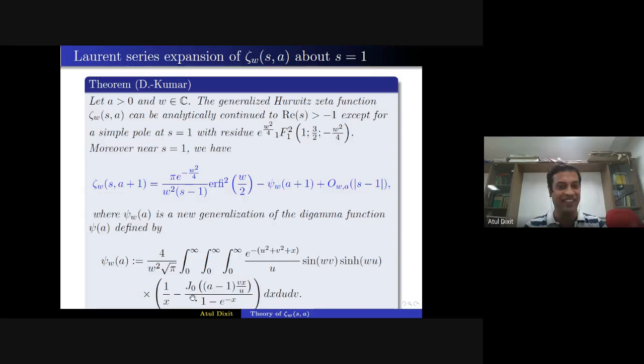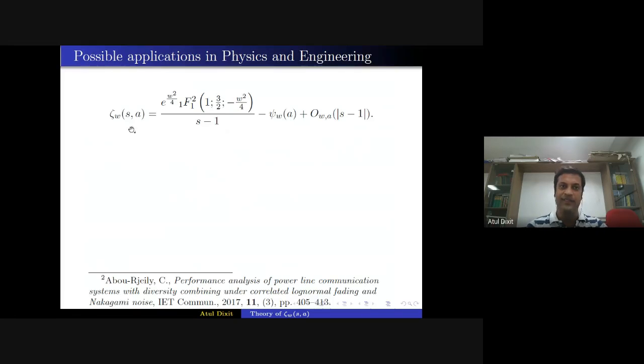We don't know yet what the generalized gamma function is in this perspective. So this is the only definition of psi sub w of a that we could get, or this is the representation that we could get, which we called the definition of psi sub w of a. Okay, so in other words, again, this is the behavior of zeta sub w of s comma a near s equal to 1.